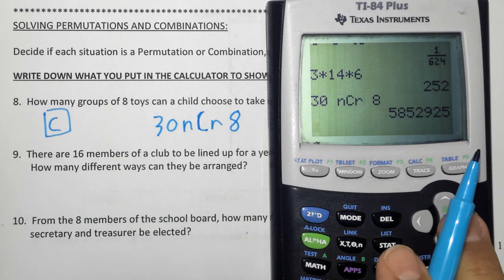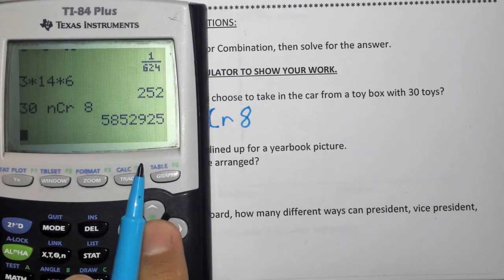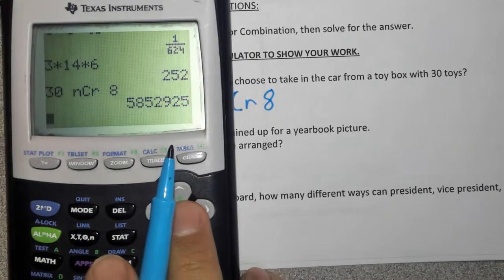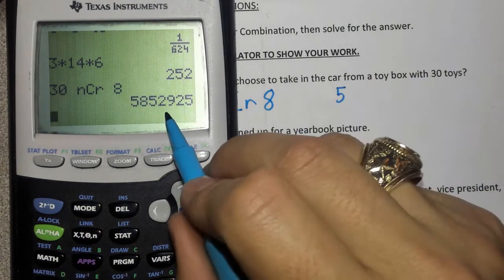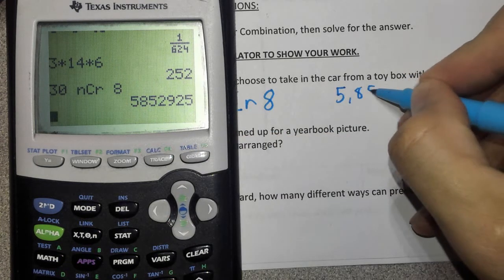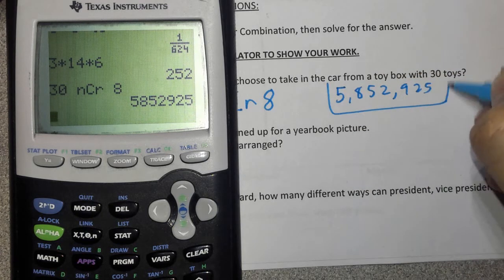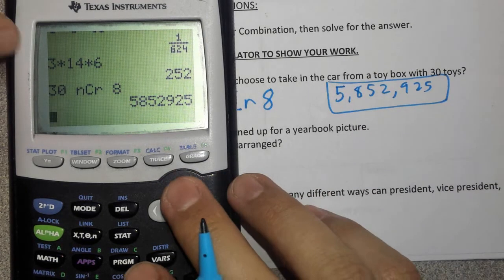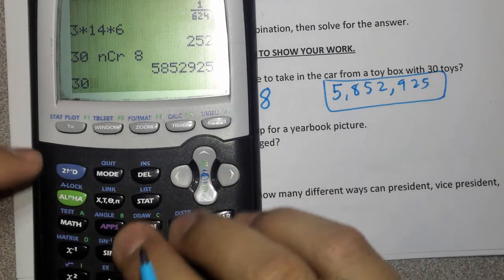Whoa, that is a lot. That is 5,852,925. Let's just change that to a permutation and see what it looks like.